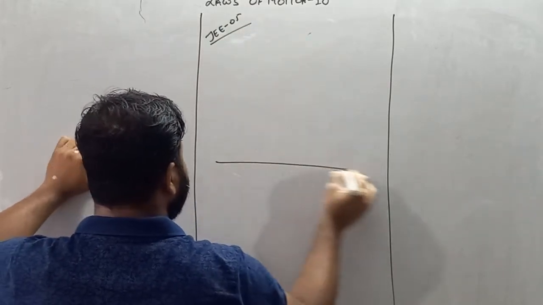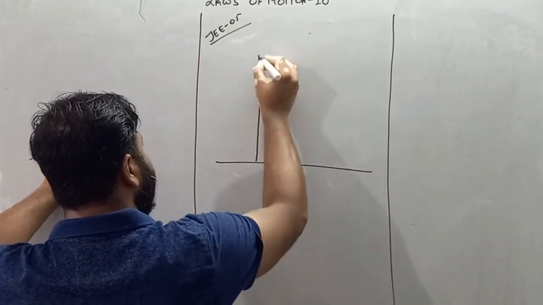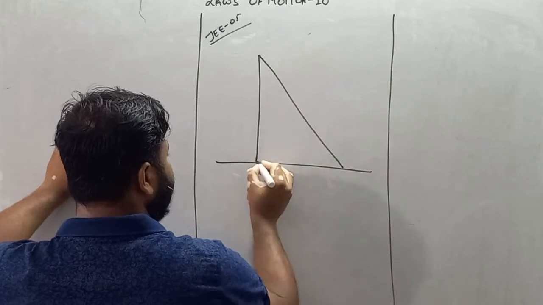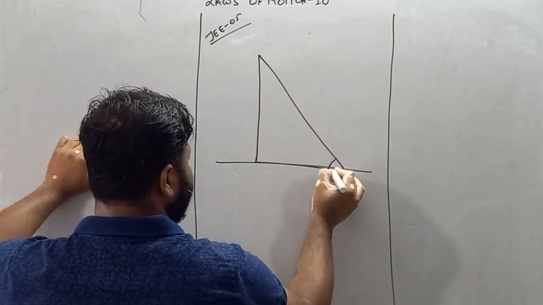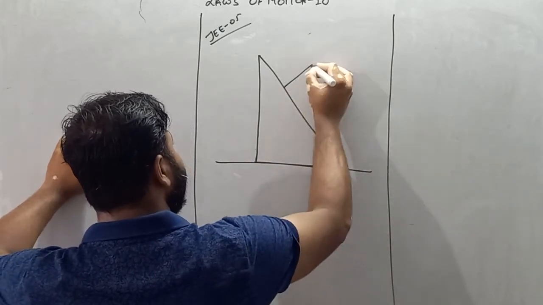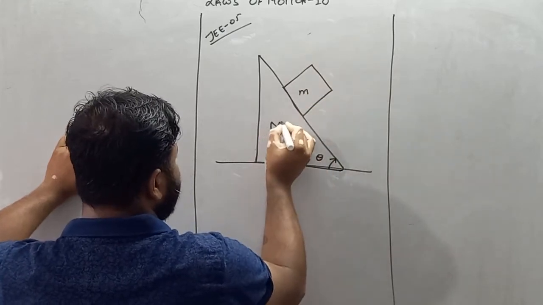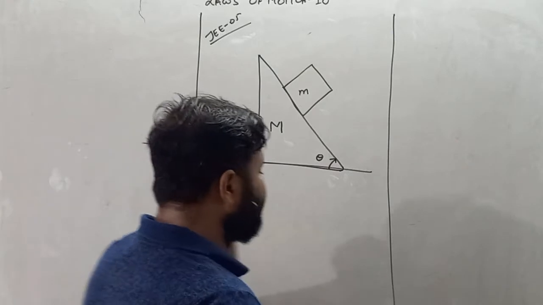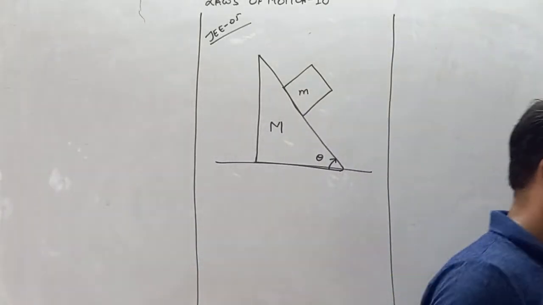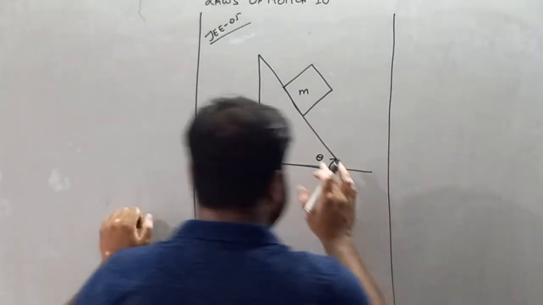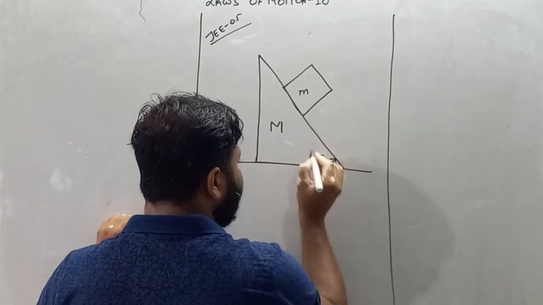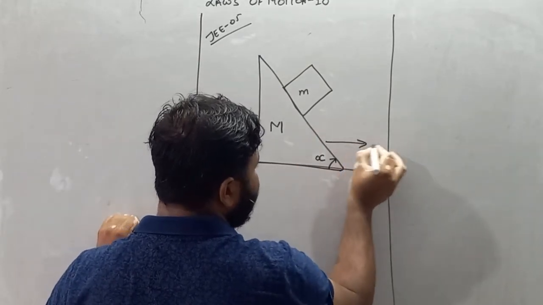So they are saying that an inclined plane is there whose angle of inclination is theta. A block is there whose mass is small m and the mass of the inclined plane is capital M. The angle of inclination is alpha.